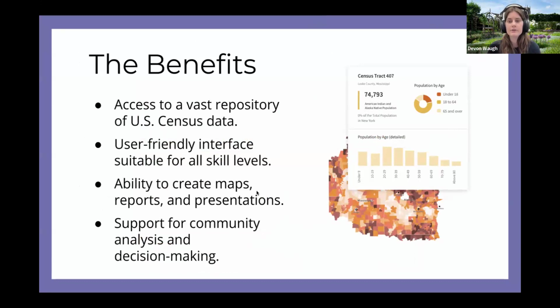So if you have folks who are just using a demographic database or a mapping tool for the first time, it is fairly easy to pick up. And then you can create custom maps, reports, and presentations in the platform. It's a really good tool for community analysis and decision making, whether it's within the library or the library is partnering with other community groups.